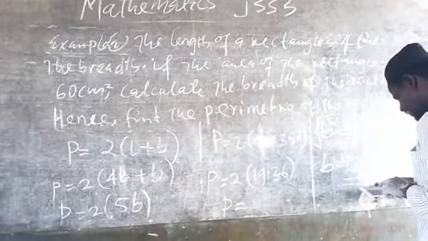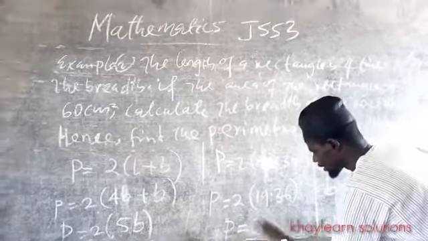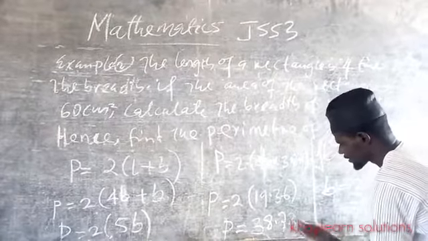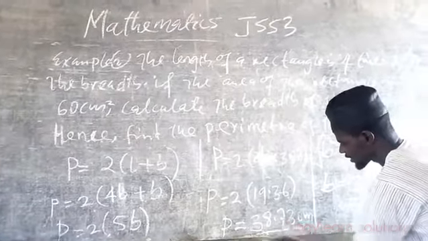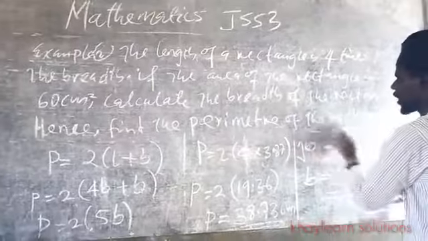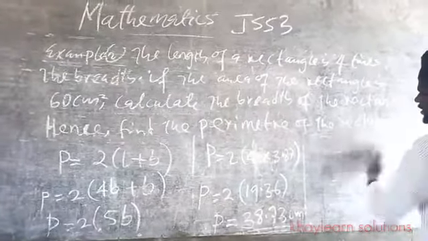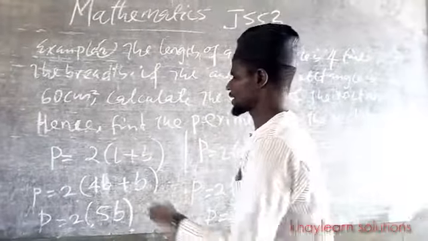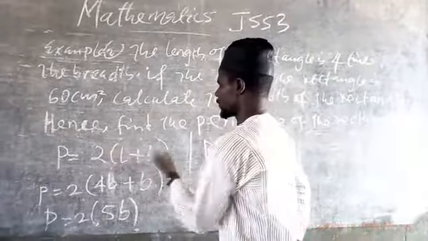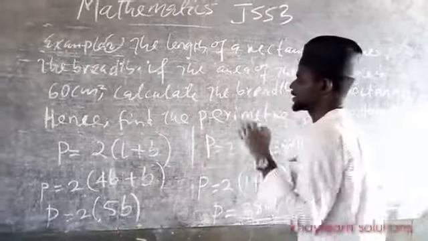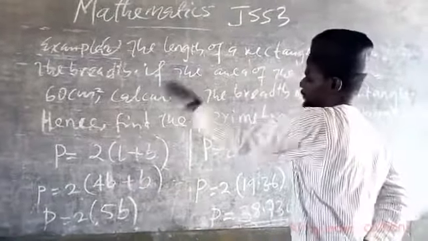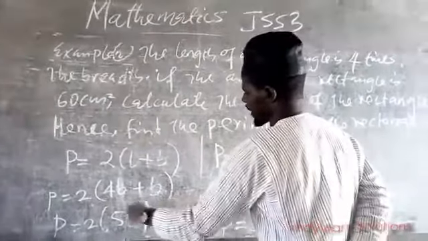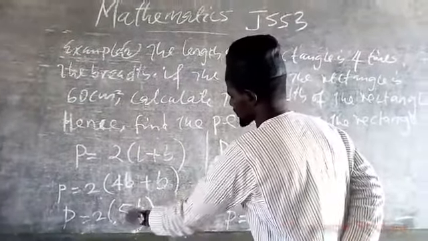What we have is 38.73 centimeters. You see, this is how you can get the perimeter of the shape. The perimeter of the rectangle is always P equals 2 bracket L plus B, and my L is initially 4 times the breadth, which is 4B, then plus B. What we have is 4B plus B equals 5B.